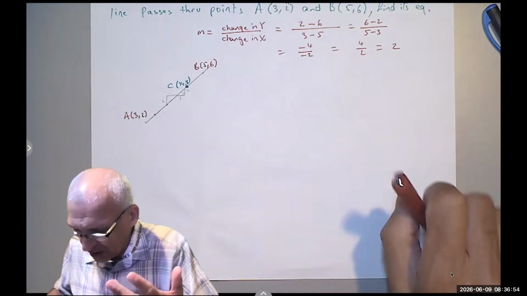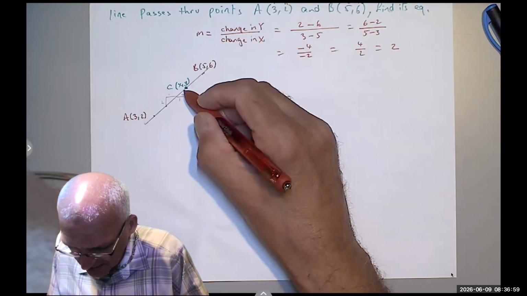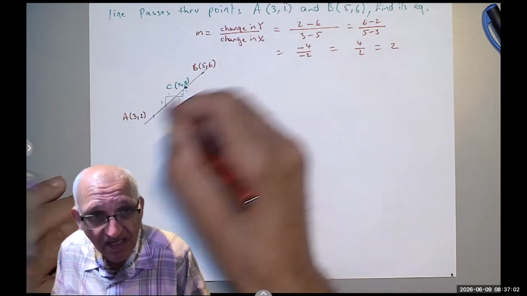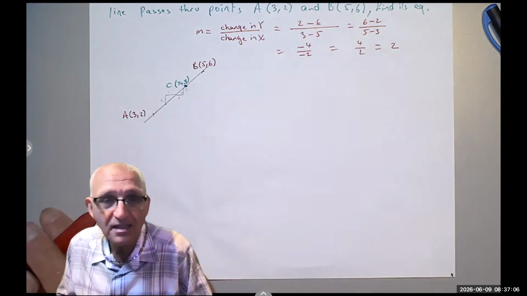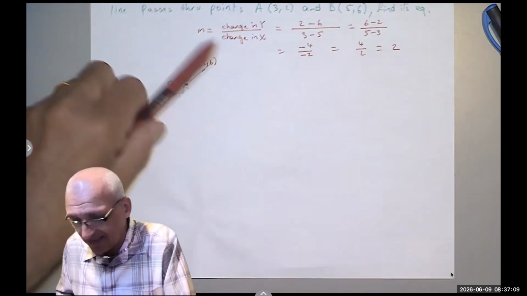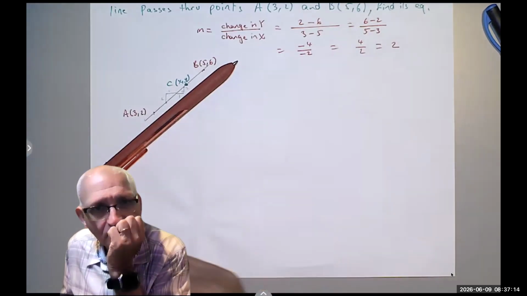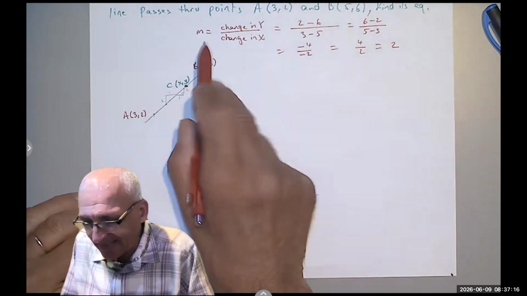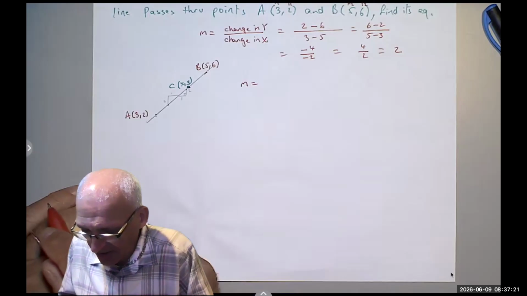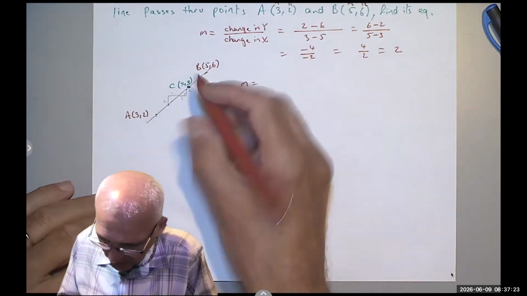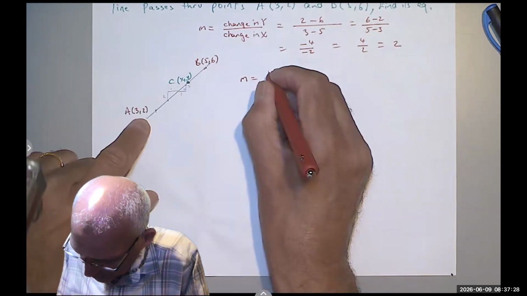Now, someone would say, oh, do you see the segment CB or BC or even AC or CA? This segment, whichever segment you pick, has the same slope as the line because it's part of the line. So I can go back and write the same equation. I say m equals change in y, but the change in y here, if I'm going from A to C, would be y minus 2.